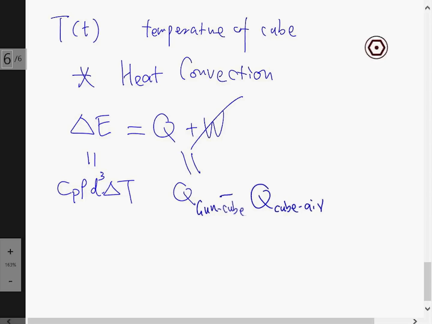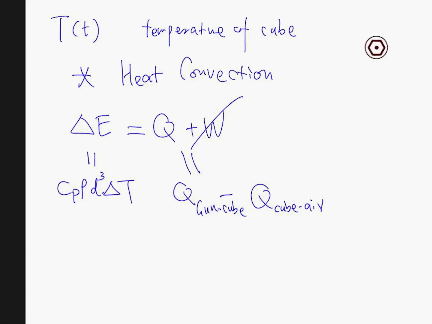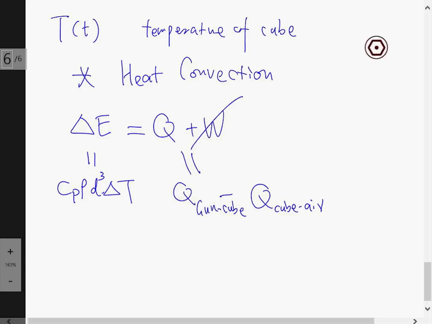So this is gong to cube minus cube to air. Now, how do you model this? How does the rate of heat transfer from the gong to the cube depend on the temperature? And how does the heat convecting from the cube to the air depend on the temperature?